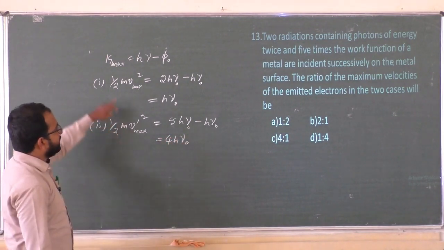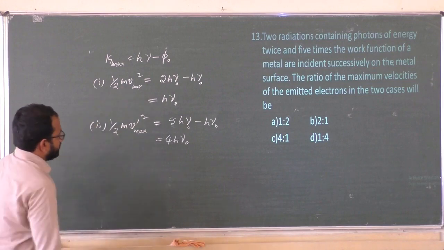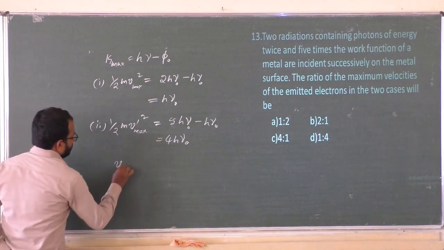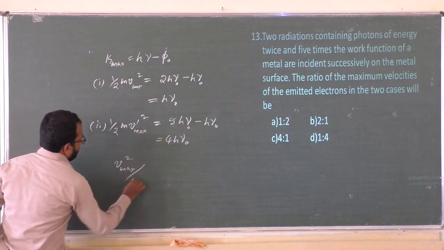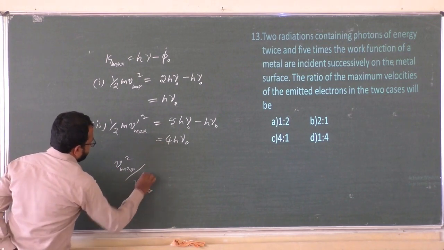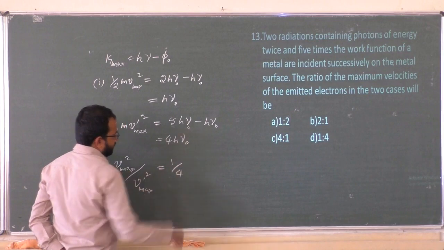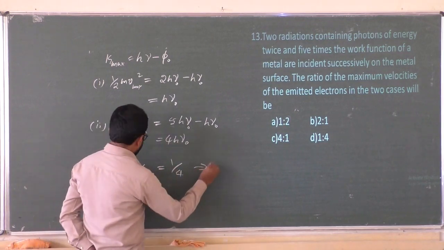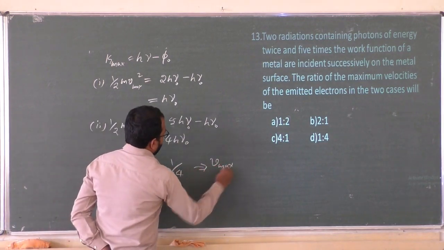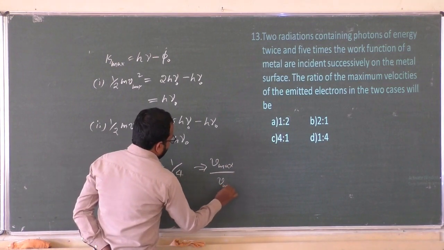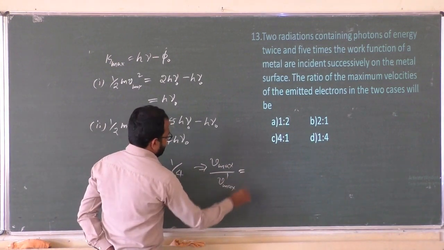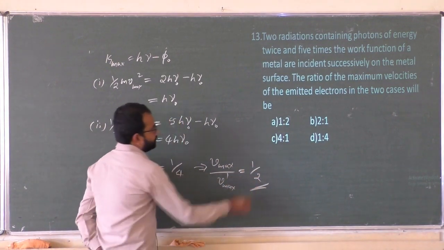You have to calculate the ratio of velocities. So V maximum square by V maximum dash square is equal to h nu naught by 4h nu naught, that is 1 by 4. Therefore V maximum by V maximum dash is equal to 1 by 2.